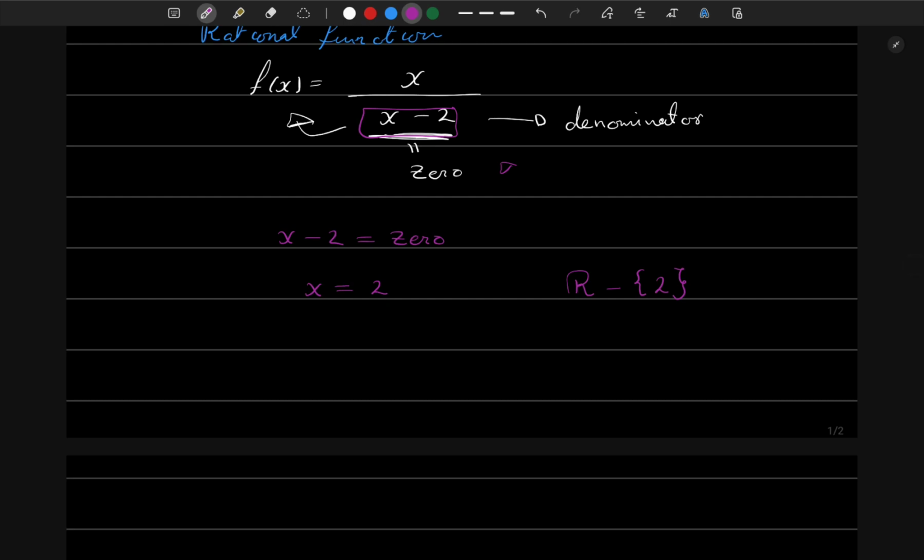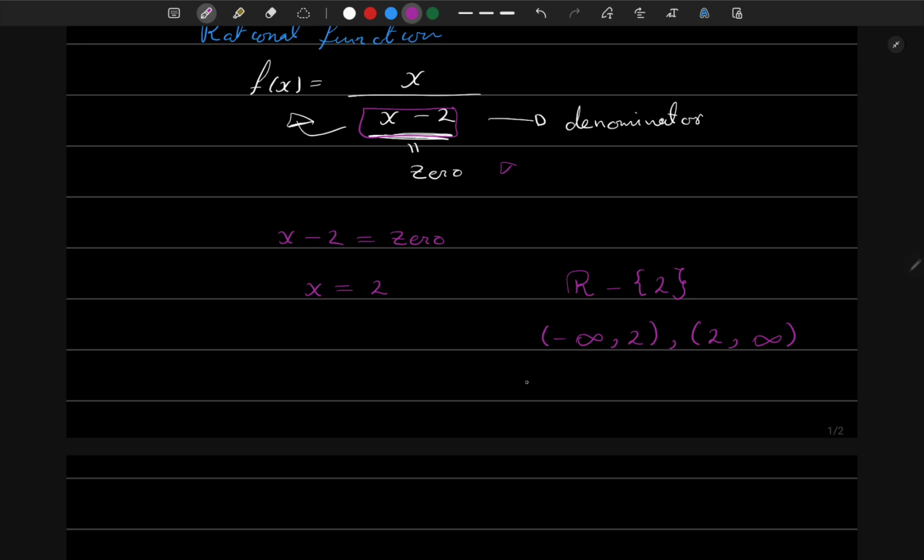Now we know that an interval, we put two numbers, and all the values between those two numbers are acceptable values. So the domain of this function can be written as all the numbers between negative infinity and 2, and all the numbers between 2 and positive infinity.